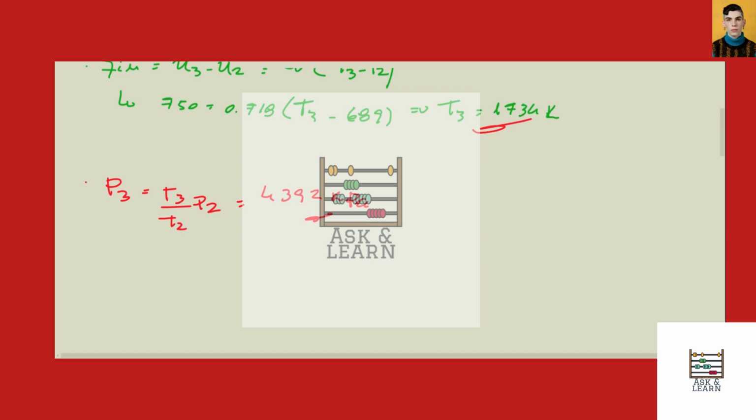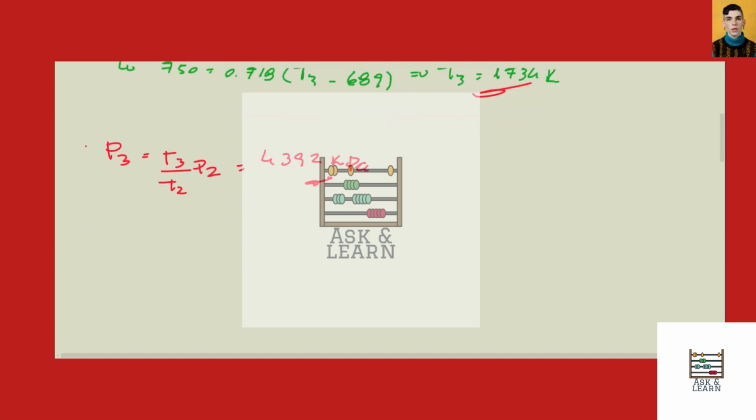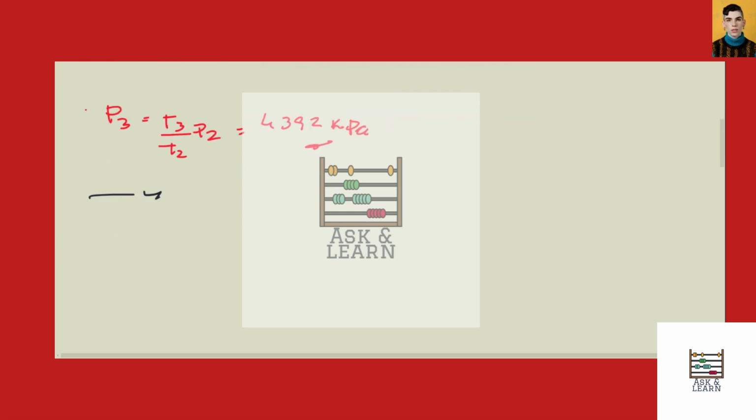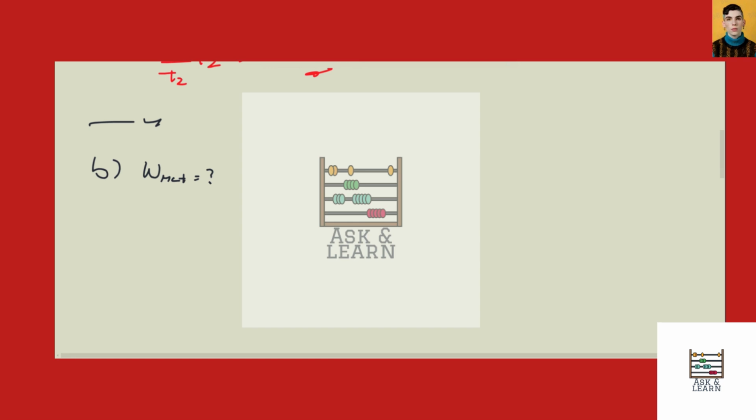So in part B, what we want is the net work. And how are we going to find the net work? Well, we know that the net work is just the change in the energy, so it's the heat input minus the heat output.